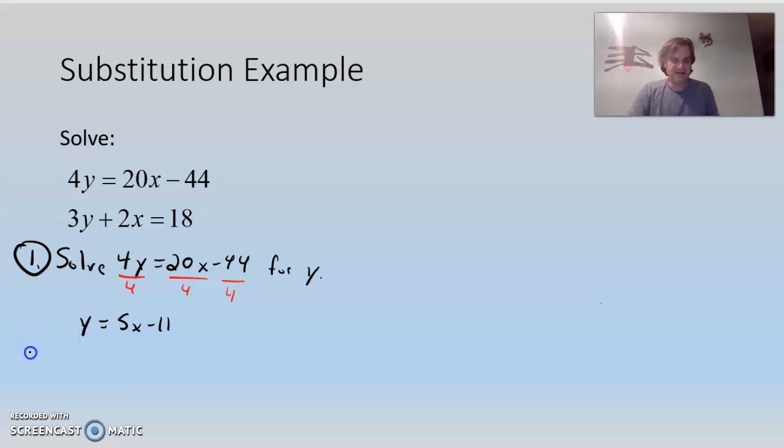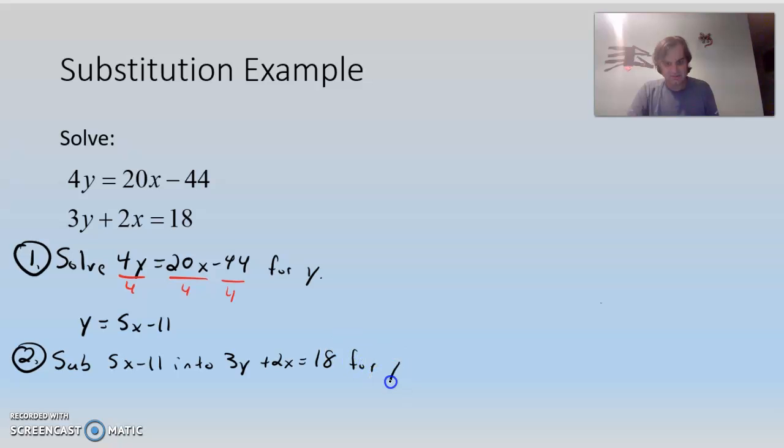One variable is by itself. So we're going to substitute 5x minus 11 into the other equation, 3y plus 2x equals 18, for y. So we have a new representation for y, so we're going to place it in the y position.